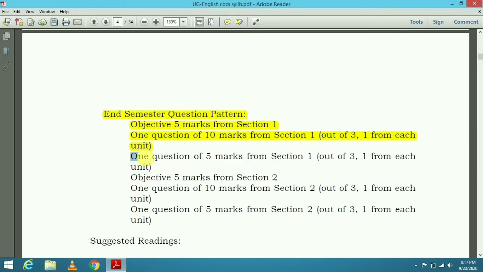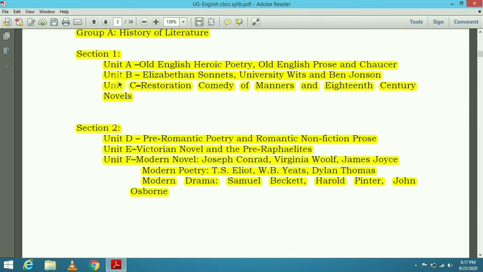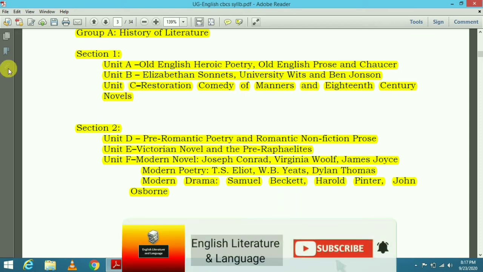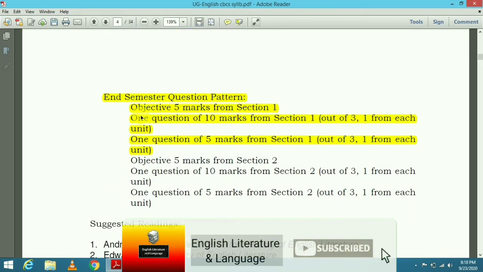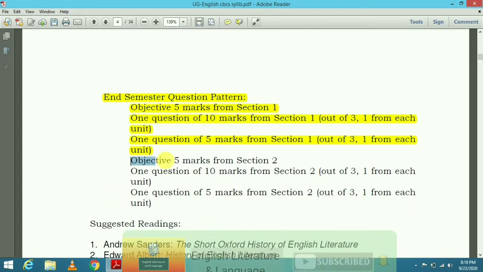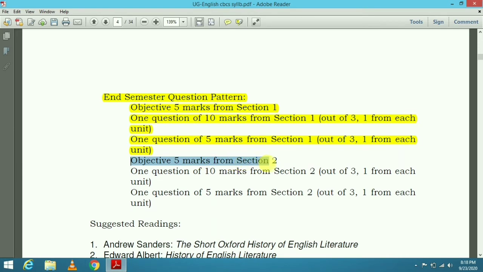Now it says 1 question of 5 marks from section 1 out of 3, 1 from each. It is also the same, but here the mark will be 5. Out of these 3 questions you have to attend 1 question, which is of 5 marks. Now let us go into further detail. Objective 5 marks from section 2.